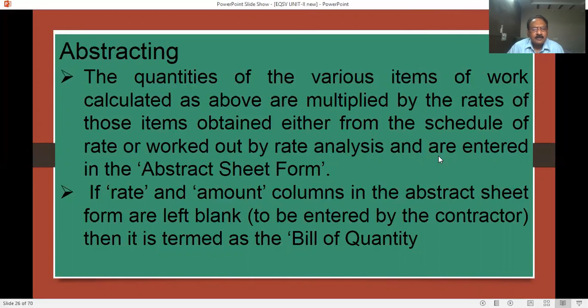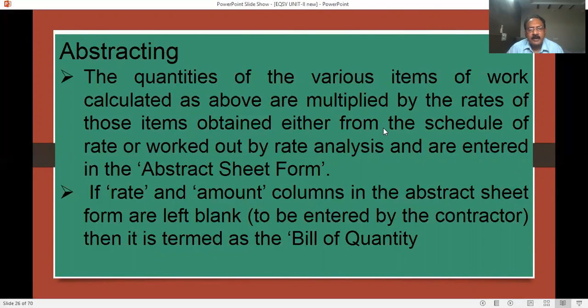Sometimes, for a small contractor or local private contracts, you can take local rates. Those are entered in the abstract sheet form to get the total cost.